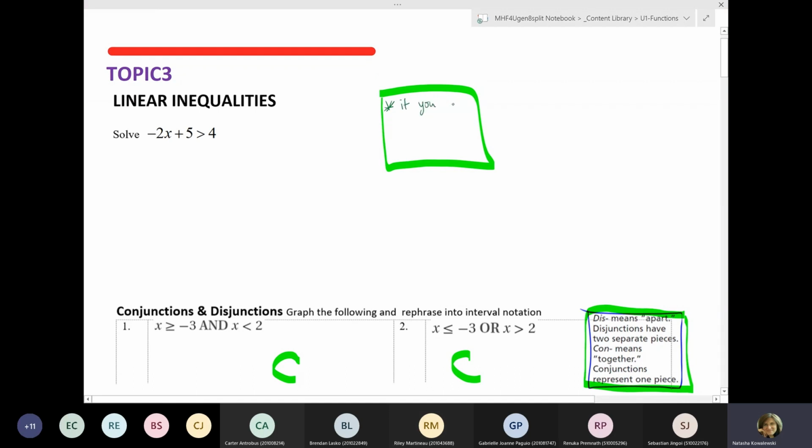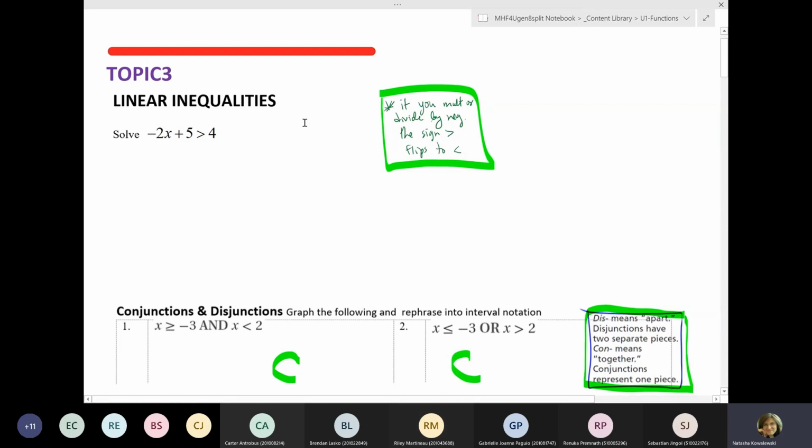If you multiply or divide by a negative, what happens? The sign flips. The sign, whether it's this one, flips to that or vice versa. And if you have an equals, then the equals comes along with it.